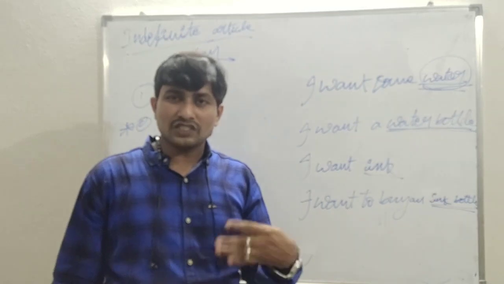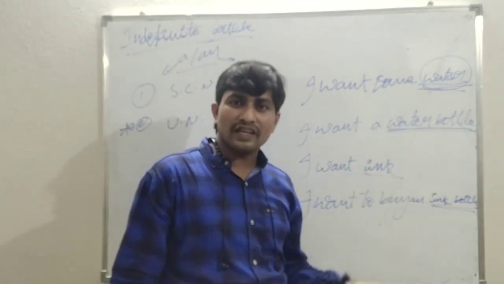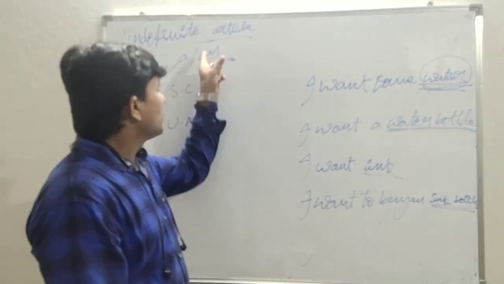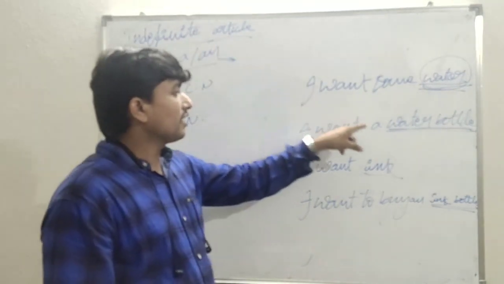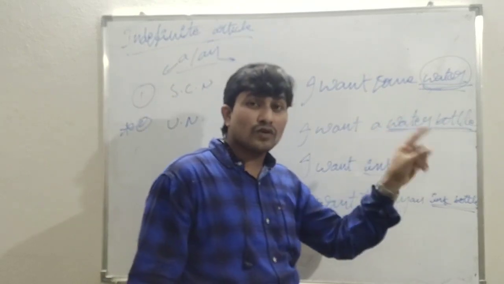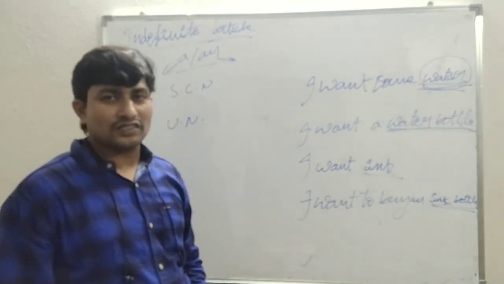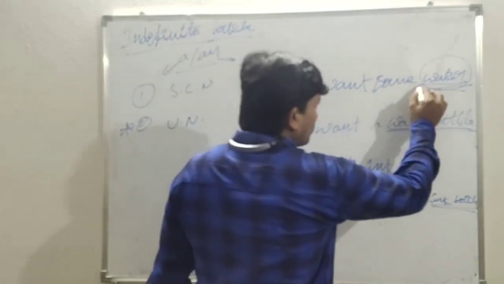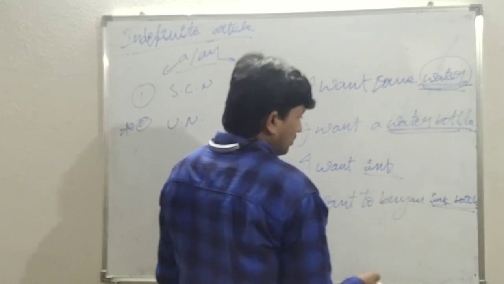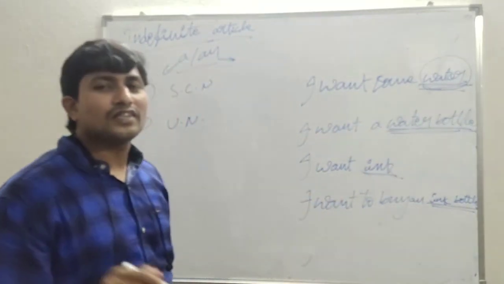If there is a question indicating how many, then you have to use the indefinite article in front of an uncountable noun when it is known as countable. Actually, water is uncountable, water bottle is countable. Here, ink is uncountable, ink bottle is countable. That is the thing.